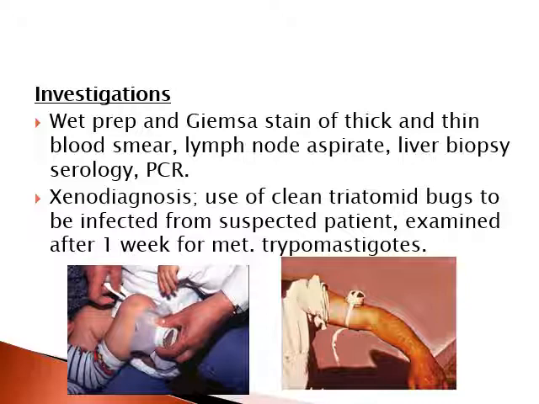This is helpful and rapid and doesn't need any staining procedures. The other is Giemsa stain of thick and thin blood smears to detect the trypomastigotes. We can also do lymph node aspirate and liver biopsy, in which we can see the amastigote form of the parasite.